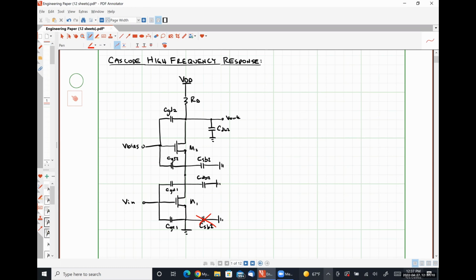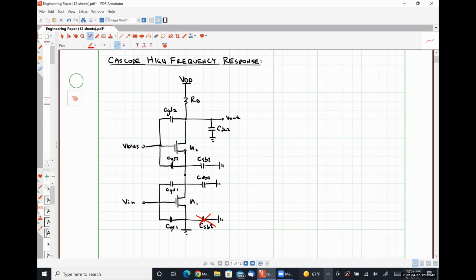CDB2 is going to exist, but we can see that CGD2 should be in parallel with CDB2 if we're treating this V bias as an AC ground. So on our output node here, what we should see is CGD2 in parallel with CDB2 in parallel with this resistance RD. So we have kind of a discrete impedance associated with that output node.